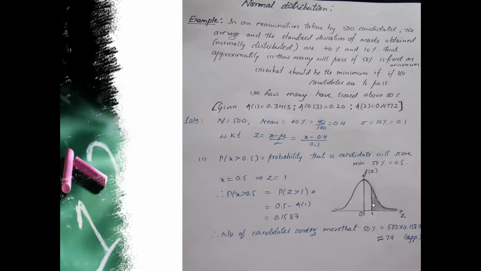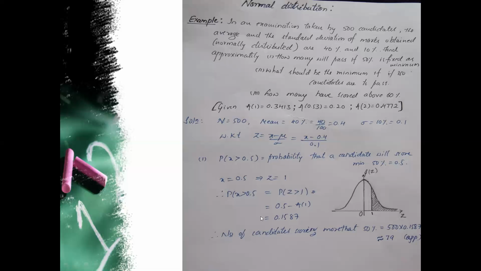Then we want the area greater than 1, the shaded portion here. We can calculate it as the total area towards the right side minus the area enclosed between 0 to 1. So it is 0.5 minus A of 1, and A of 1 is already given to us as 0.3413. Subtract it from 0.5, we get 0.1587.